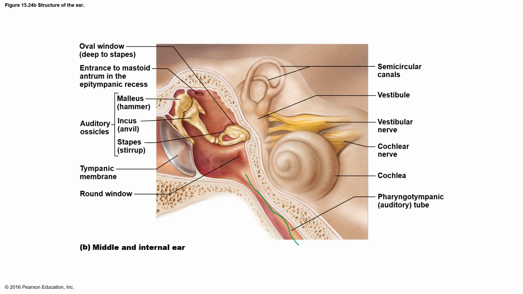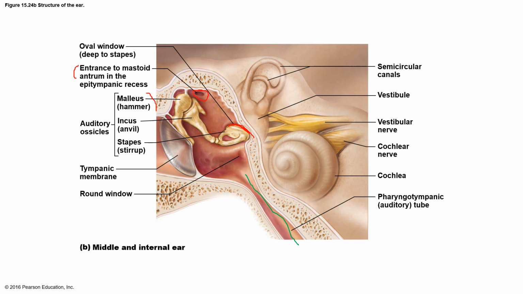There's that tube again right there. A little bit nicer of a picture of this middle inner ear structure here too. So we can see the oval window here deep to the stapes. We can see entrance to the mastoid antrum in the epitympanic recess, just this little hole right there.